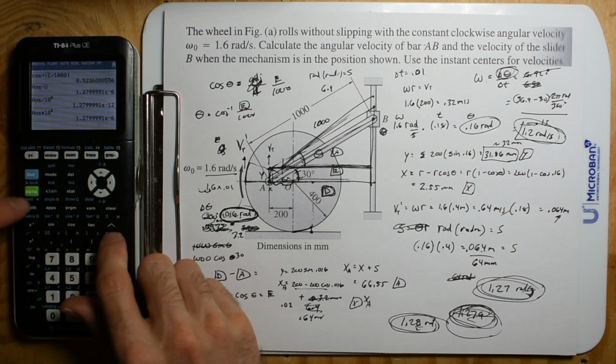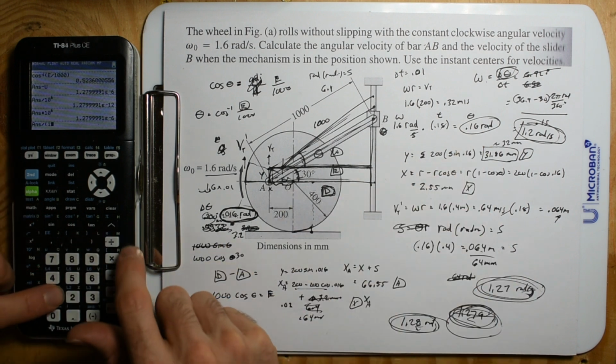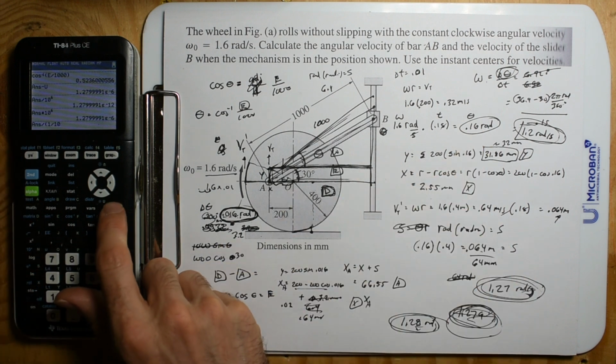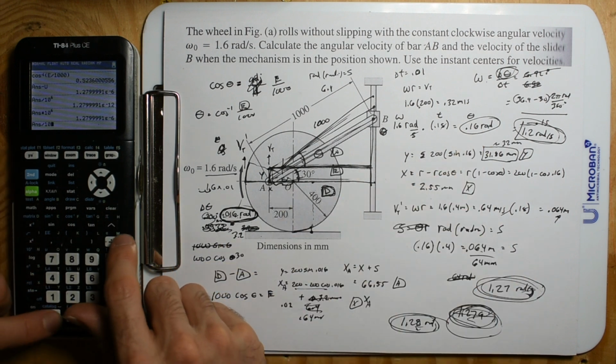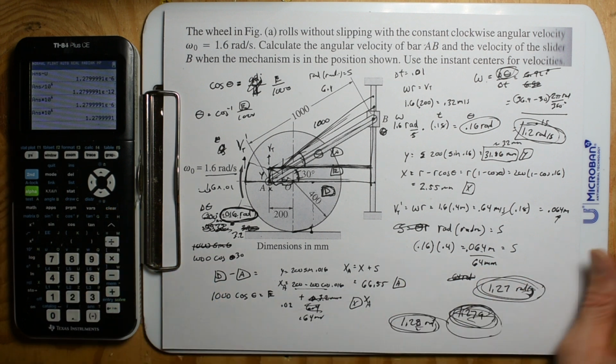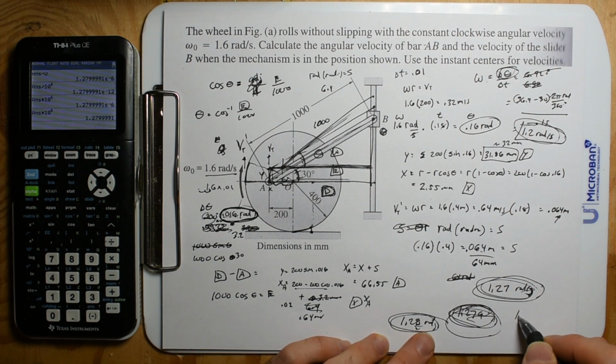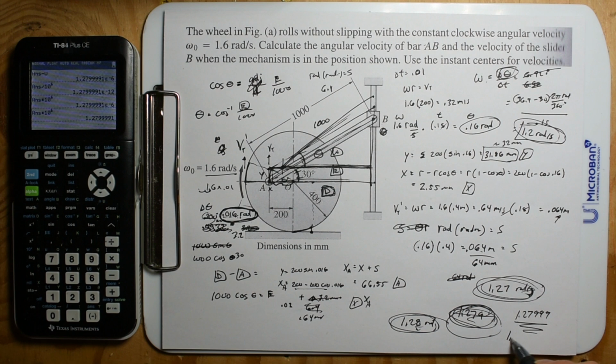We would divide by 1 divided by 10 to the 6, which is dividing by 10 to the negative 6, which is multiplying by 10 to the 6. Sweet. And we get 1.27999. So this might be approaching 1.28.